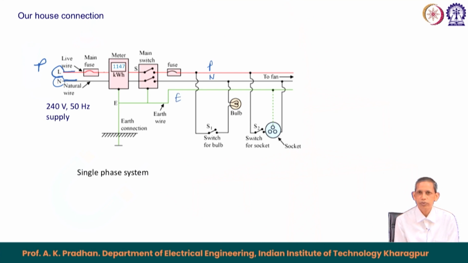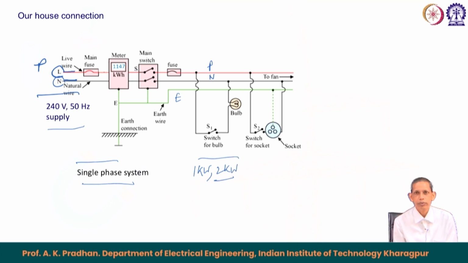The earth wire is for safety purposes. This supply system is typically called a single phase system, and if our house load happens to be 1 kilowatt or 2 kilowatt, then the supply agency provides us a single phase supply system as mentioned here.